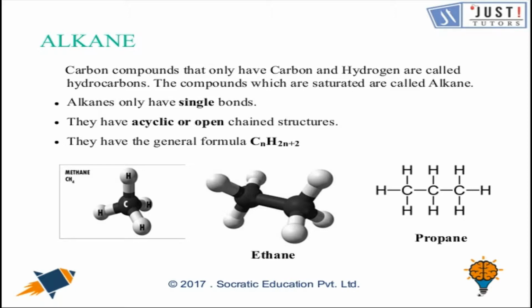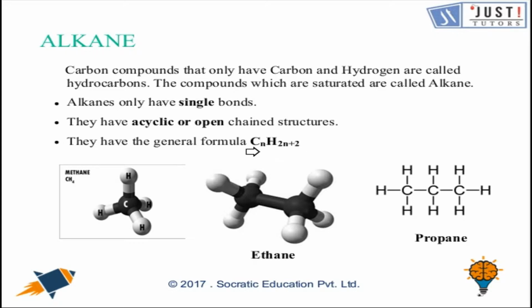The carbon compounds which have only carbon and hydrogen are called hydrocarbons. If they have only single bonds, then they are called alkanes. A few examples are methane, ethane, and propane. In general, these groups with single bonds are called alkanes, and the general formula is CnH2n+2.